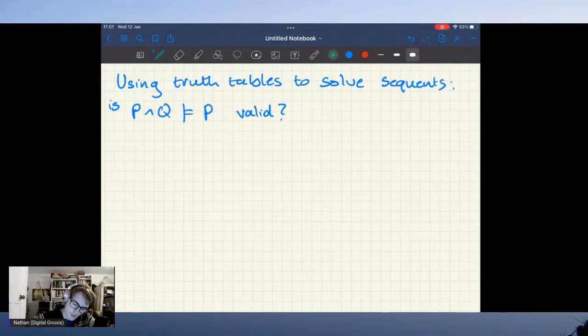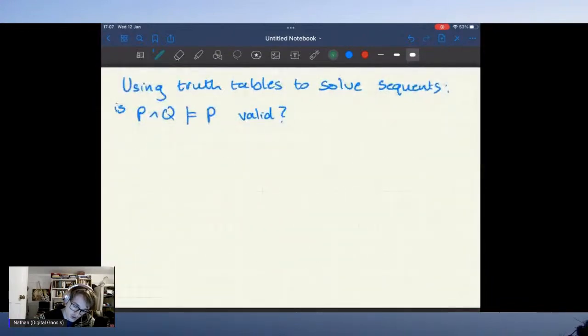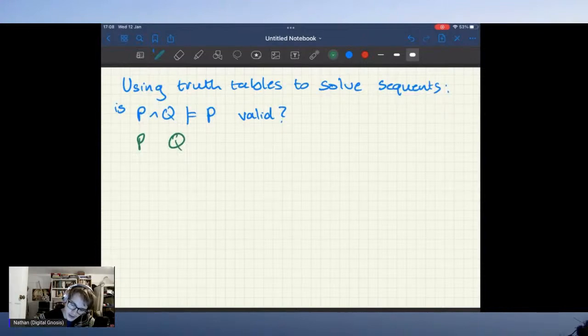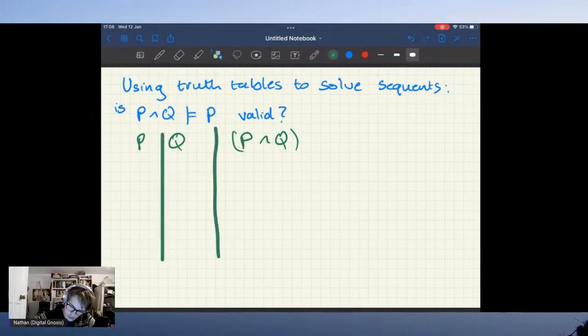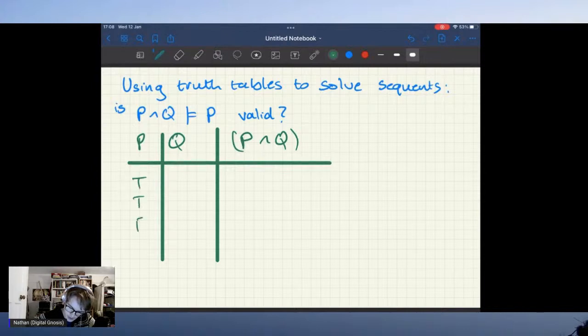So firstly, we're just going to draw a truth table, having our two variables, P and Q, and then we've got P and Q. And look, I wasn't being rigorous, I was being sloppy, and I left out my brackets. True, true, false, false, true, false, true, false.